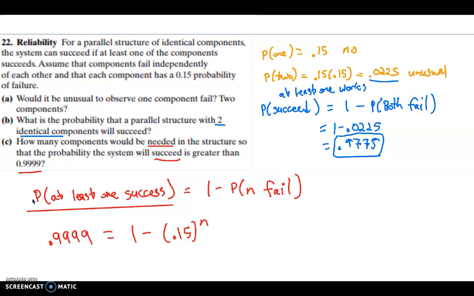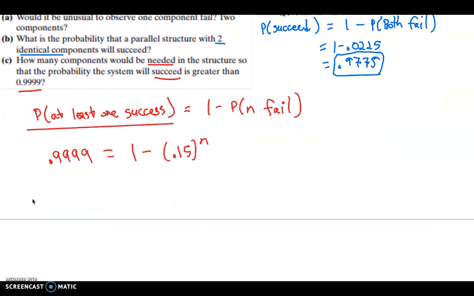Because the probability that all of them fail is just 15% times 15% for n components. But we want the probability that at least one of them succeeds to be 0.9999.